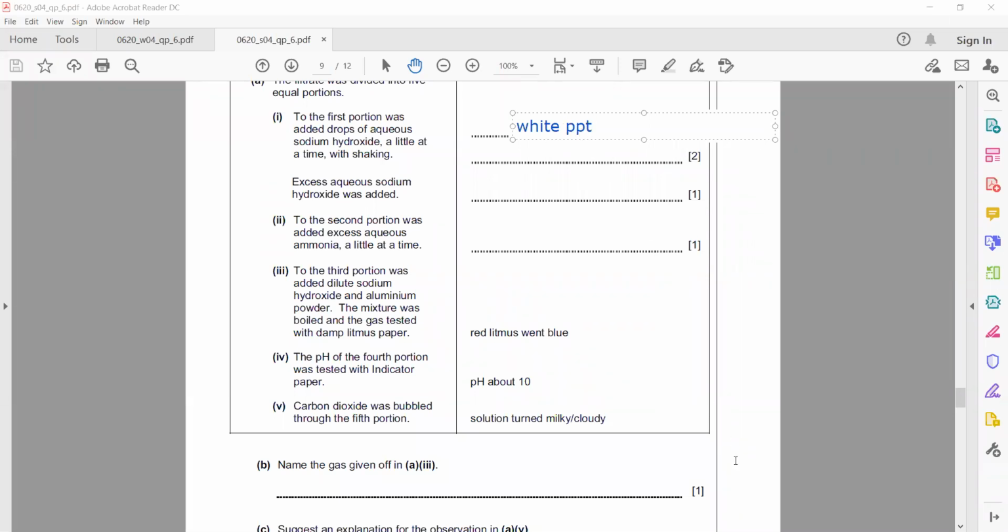If we add excess, the precipitate does not dissolve in excess.